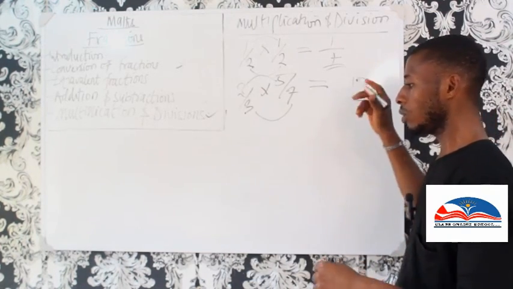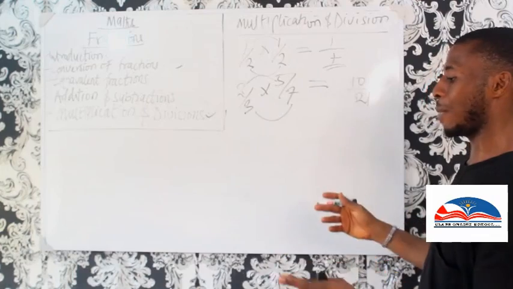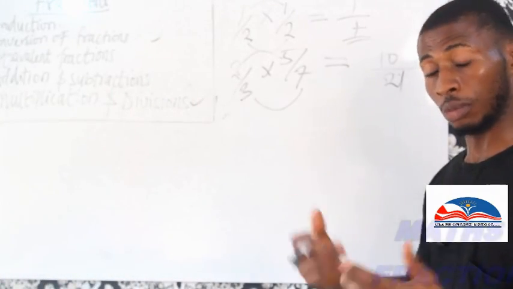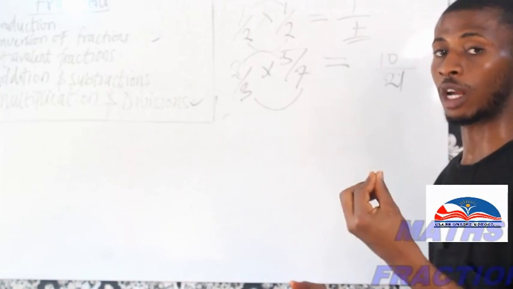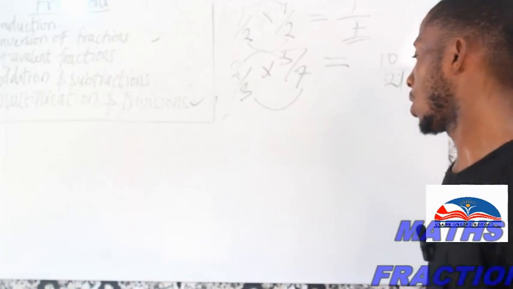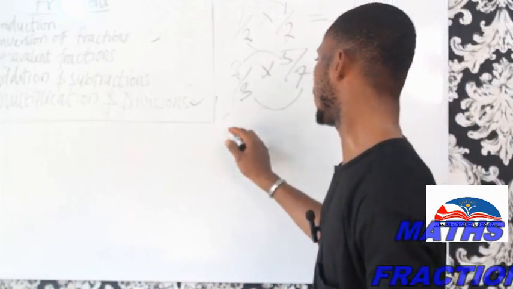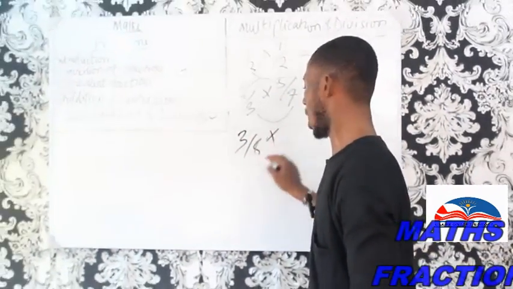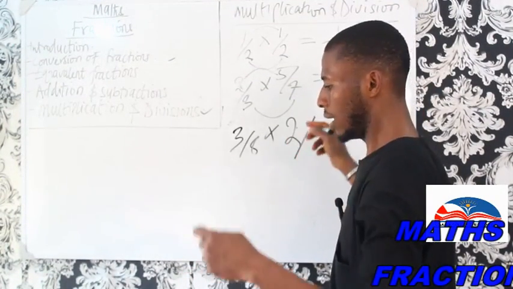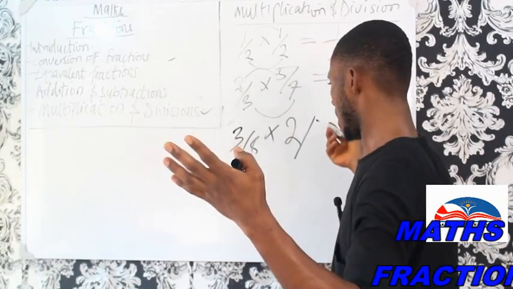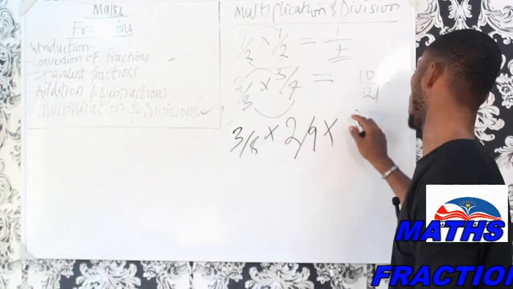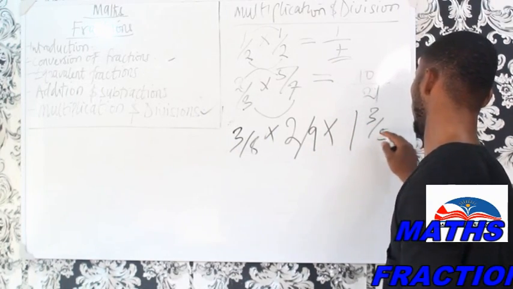Okay, now let's go into multiplication of mixed fractions, where we have a mixed fraction with single fractions. Alright, let's look at a scenario where we have 3/8 times 2/9 times 1 whole number 3/5.